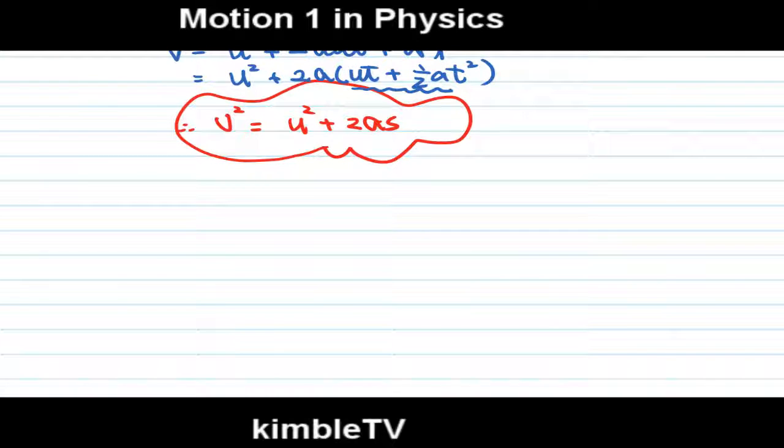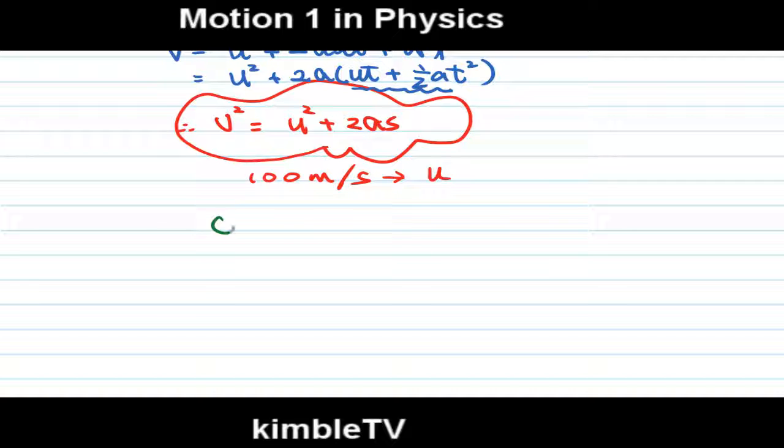So when the object is thrown into the air vertically with the 100 meters per second velocity, this one is initial velocity. The final velocity must be 0.